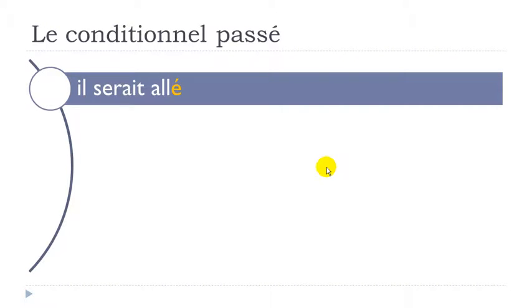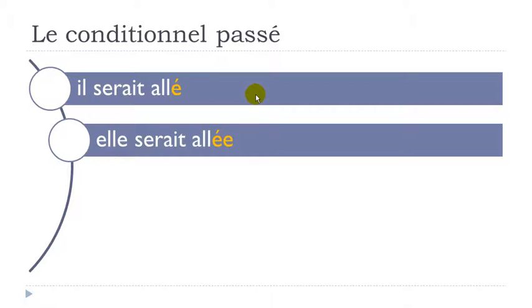But if you use être, like here, il serait allé, okay? So remember, aller was belonging to this group of verbs that require être to construct this conditionnel passé, all right? Il serait allé. So in that case, you can see that at the end, it's allé without anything after.